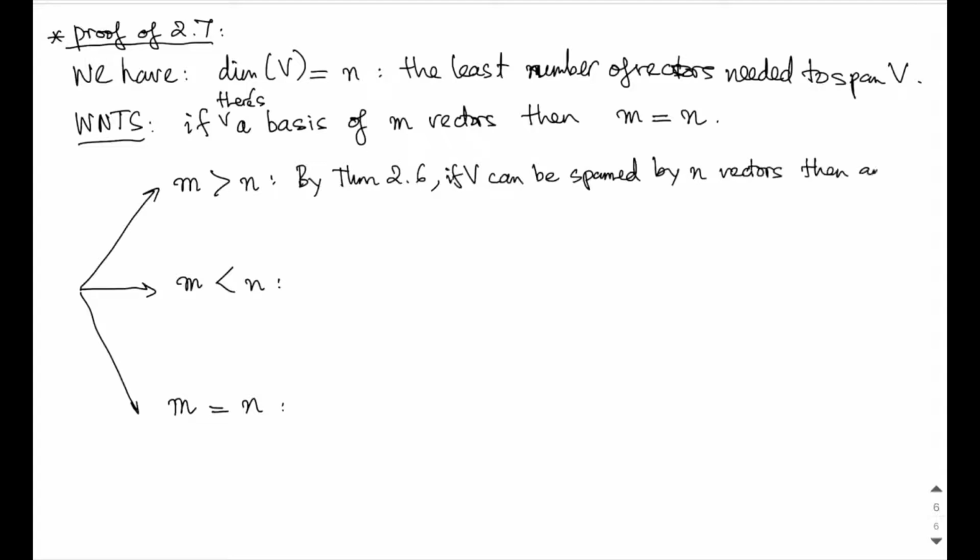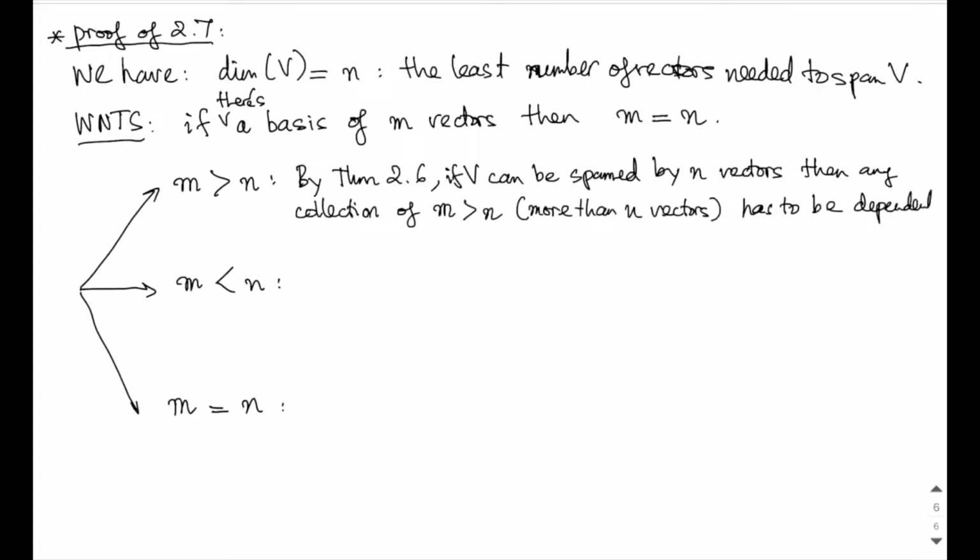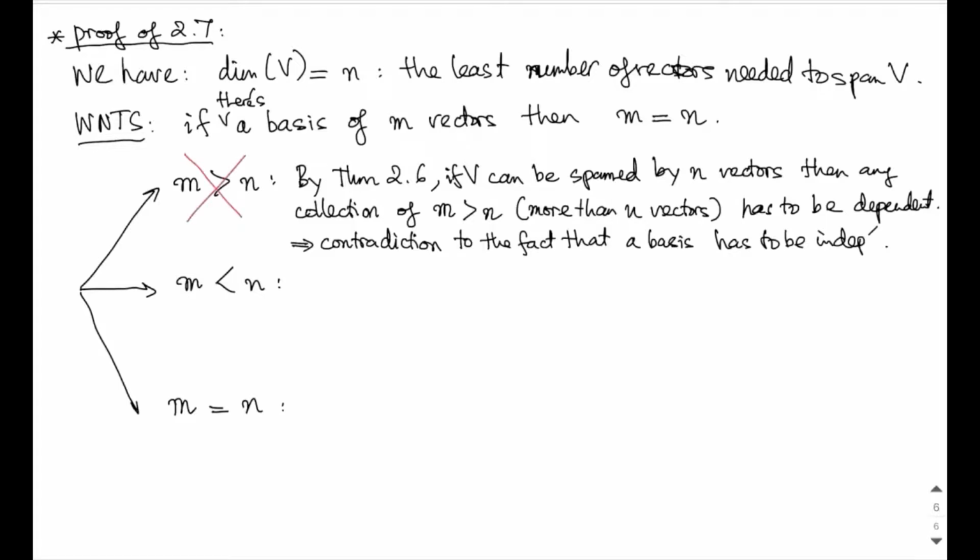Then any collection of more than n vectors has to be dependent. But this leads to a contradiction with the fact that the set of m vectors here is a basis, right? A basis has to be independent. And so this means that m greater than n cannot be the case.